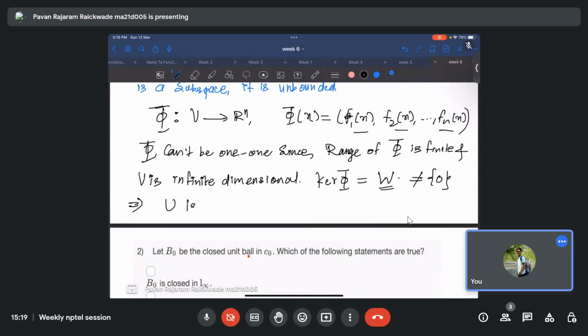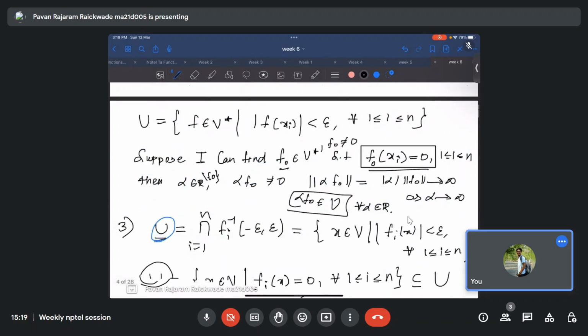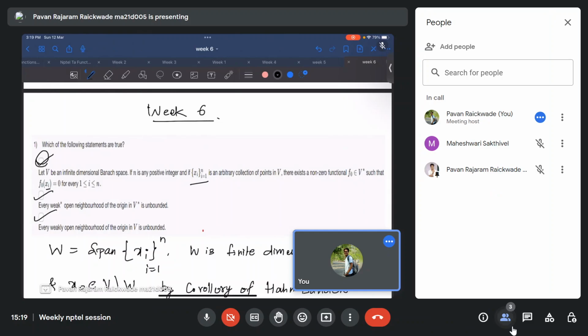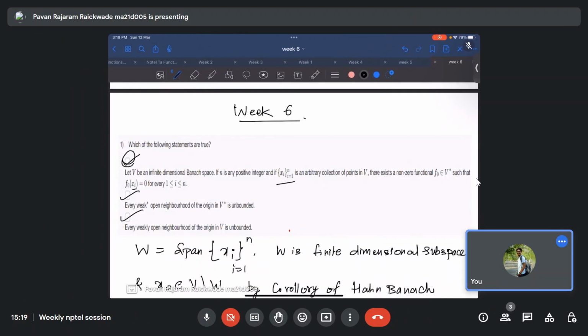U is unbounded because U contains W, which is unbounded. This is clear. Question number 1, 2, 3, all are correct. Any doubt in this? No, sir.